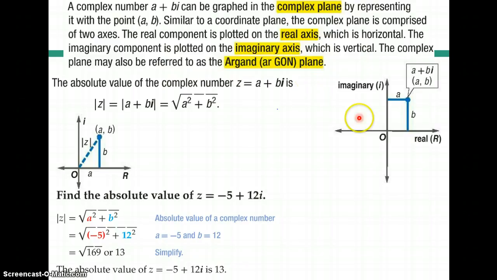The real part a is plotted on the horizontal line, which is called the real axis. The imaginary component bi is plotted on the vertical line, which is called the imaginary axis.